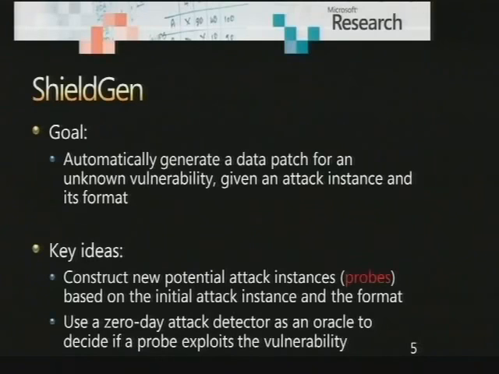Then we feed this constructed attack instance to a zero-day detector, an oracle, to decide if this new instance will trigger the attack or not. We do this back and forth so that we can figure out what matters and what doesn't matter in the original attack, which gives us the vulnerability predicate on the input fields.